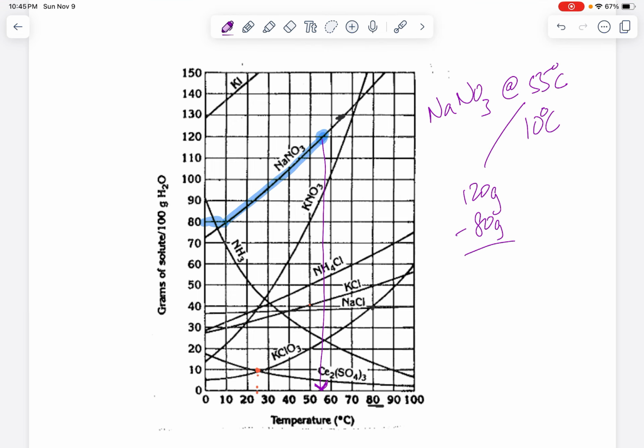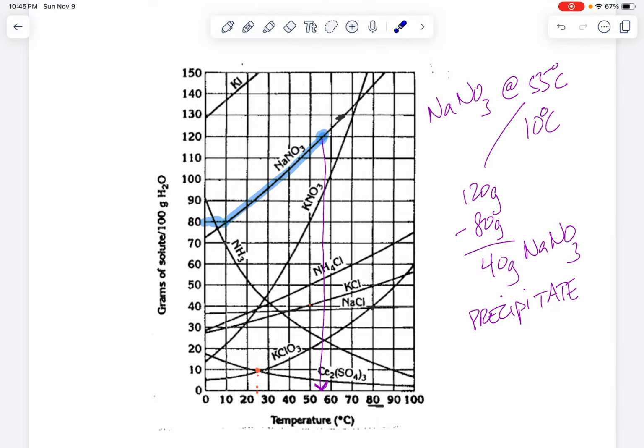So what would happen is that 40 grams of the NaNO3 would come out of solution. And so we would usually use the term precipitate out of solution. If you remember from our pH lab, we used the term precipitate when two liquids came together and made a solid. We use a similar kind of term because solid is coming out of the solution, so similar idea.